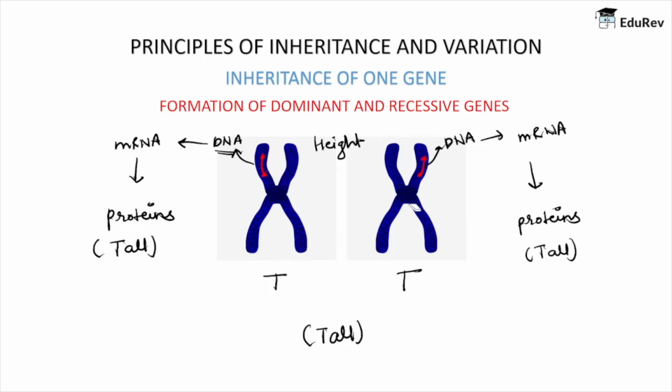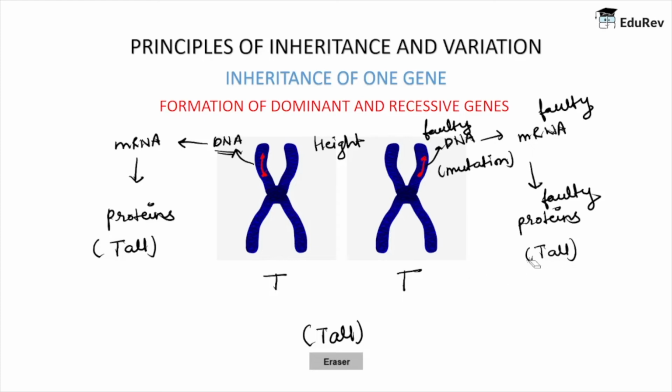Now what if this second chromosome has a faulty DNA, or if a mutation occurs in this case? If this DNA is faulty, then it will produce a faulty mRNA and faulty proteins as well. It means it is not producing enough proteins now.